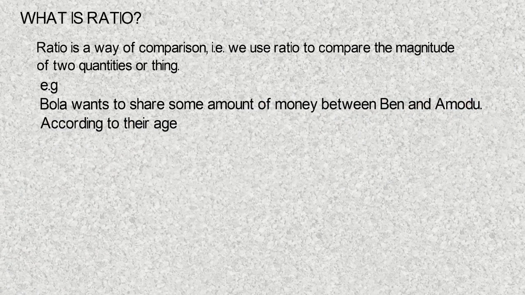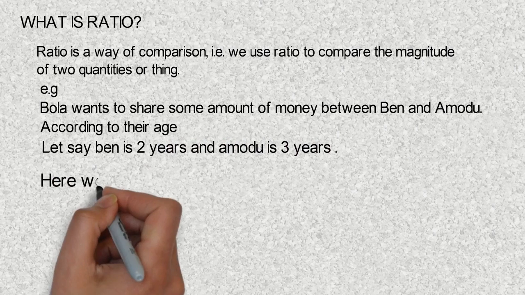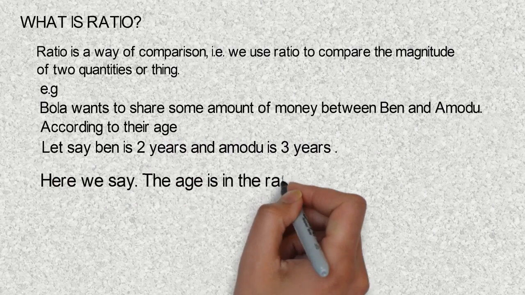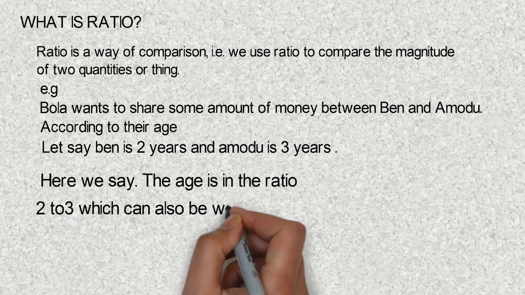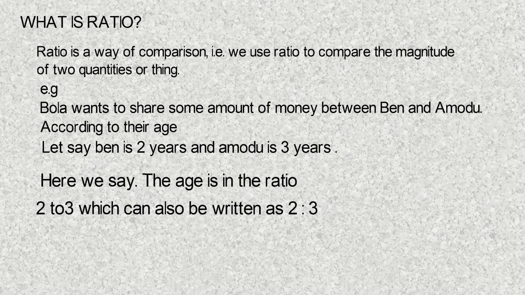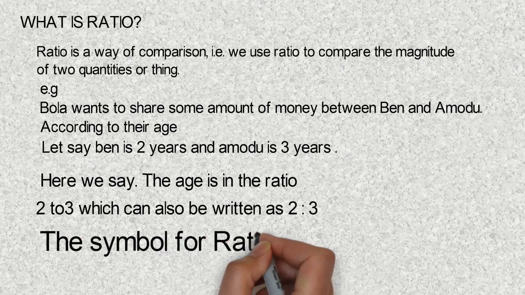So, let's say Ben is 2 years and Amadu is 3 years. Here we say the ages are in the ratio 2 to 3, which can also be written as 2:3. Can you see? So the symbol for ratio is the double dot.